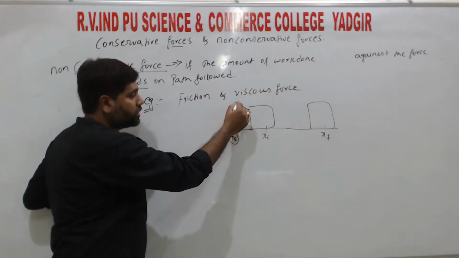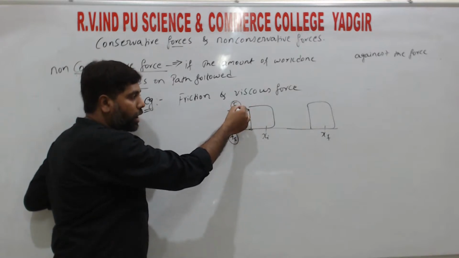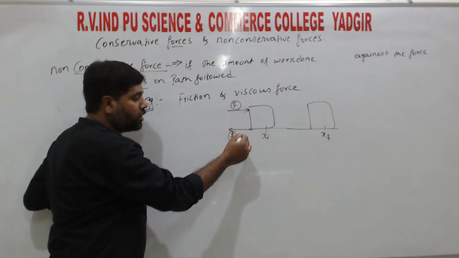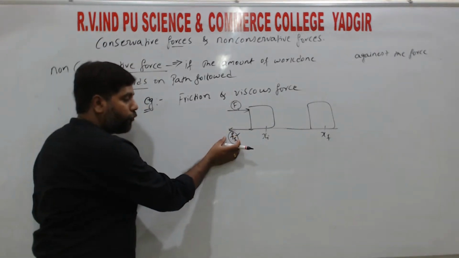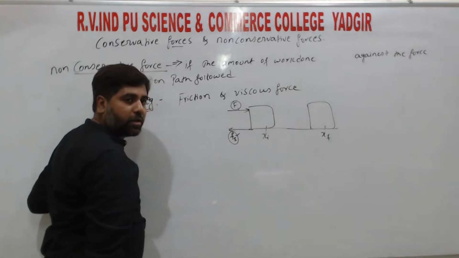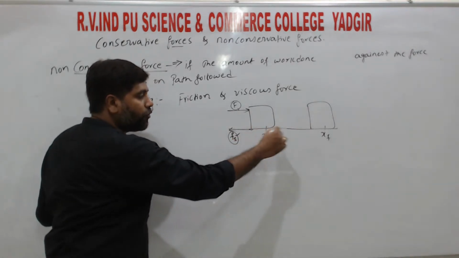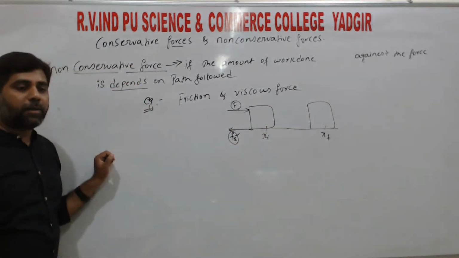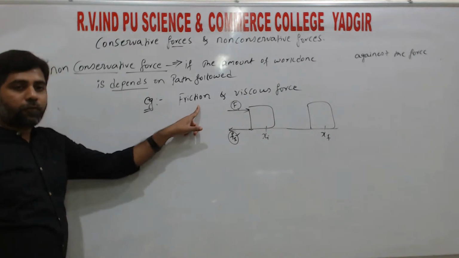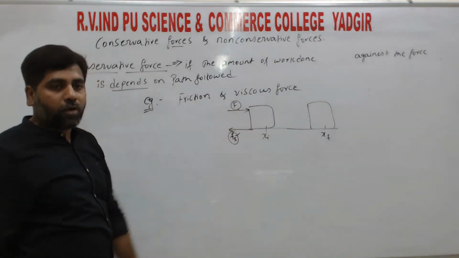F is the force which we applied, and against this force is the frictional force Fs. The force is there, and the object is displaced. In this case it depends on the path followed, on the path along which the object moves. So friction force or viscous force depends on the path followed.